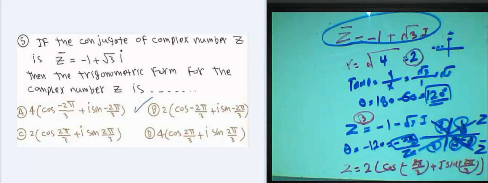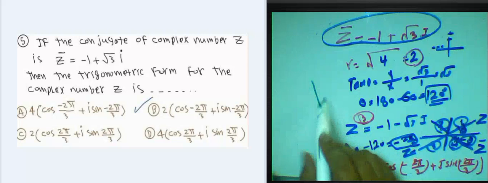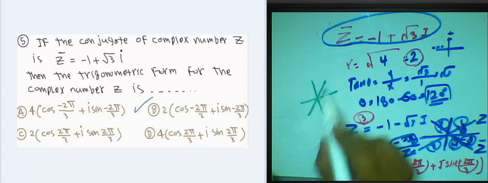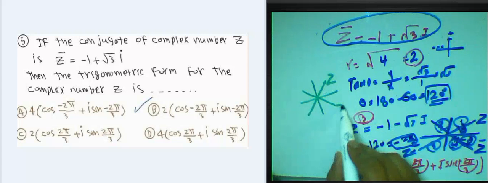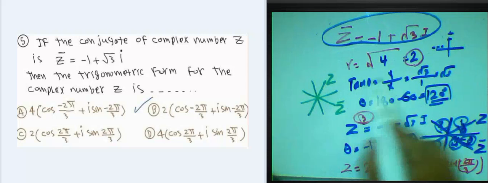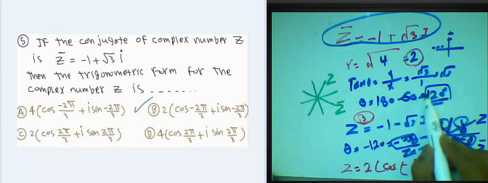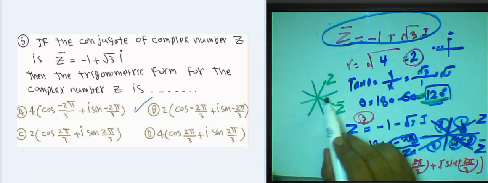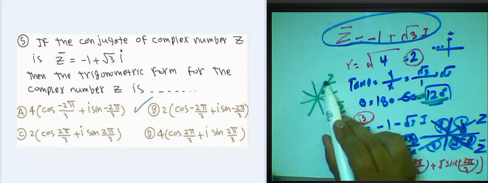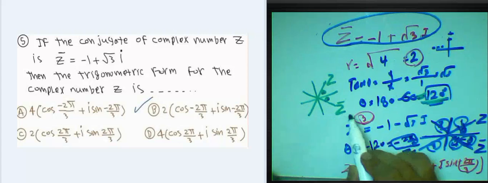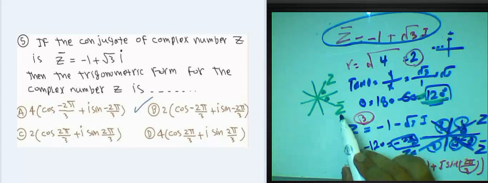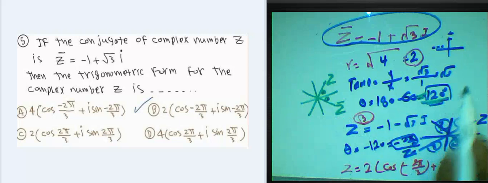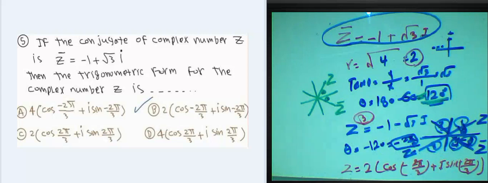Again, I will explain this point here. Look at here. If we have z, then here we have z bar. This angle of z bar equals 120. The angle of z is the inverse of it, so the angle of z will be negative 120.